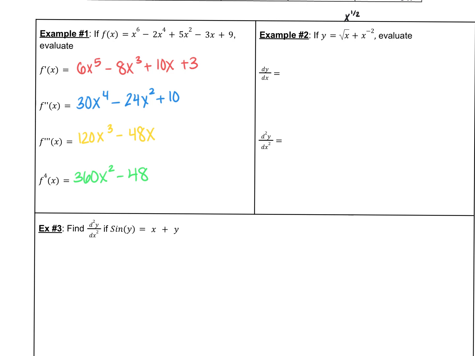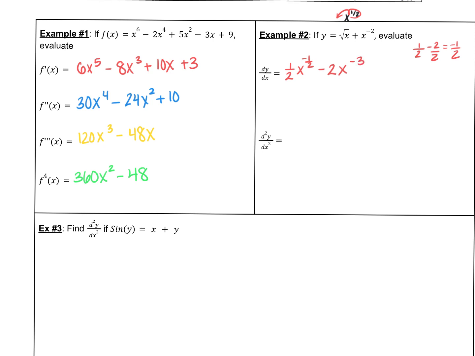So when we take the derivative of x to the 1/2, the first derivative, we take the 1/2, bring it in front, so 1/2, keep the base, decrease the power by 1. So 1/2 minus 2/2 is negative 1/2. And then the derivative of this piece is just a simple power rule. Take the negative 2, bring it in front, keep the base, and decrease the power by 1.